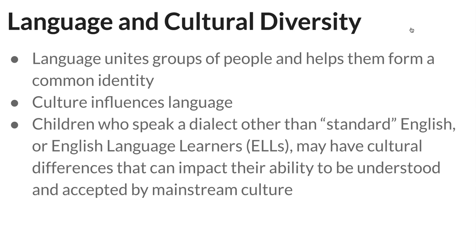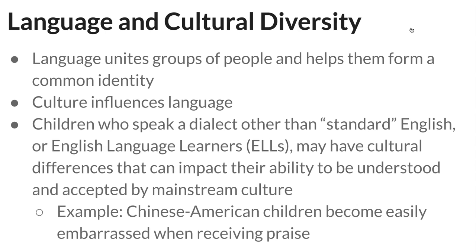Each of these can make it harder or easier for all of us to communicate what we mean with one another. The example your book uses is that Chinese American children can become easily embarrassed when receiving praise.